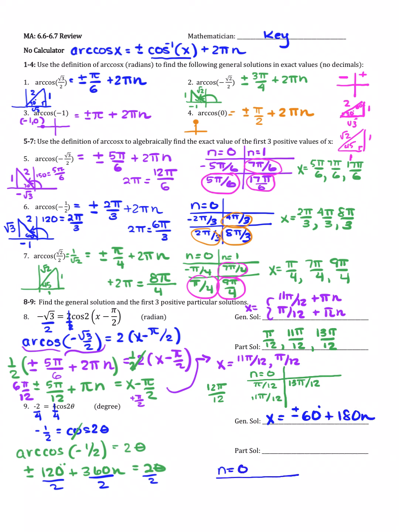And to come up with my first 3 particulars, I had negative 60, positive 60, and I'm adding 180. So this will become 120, this would become 240. So my first 3 positive are going to be 60 degrees, 120 degrees, and 240 degrees.